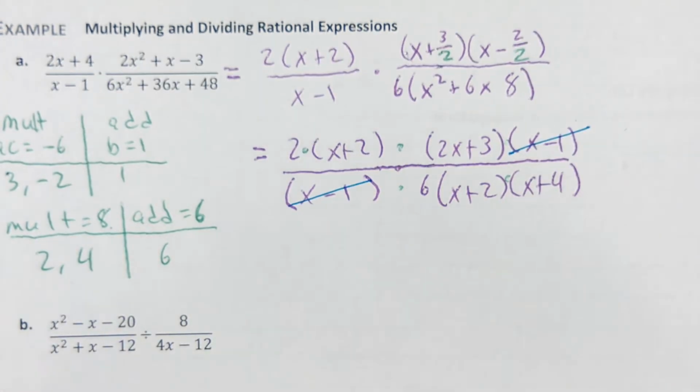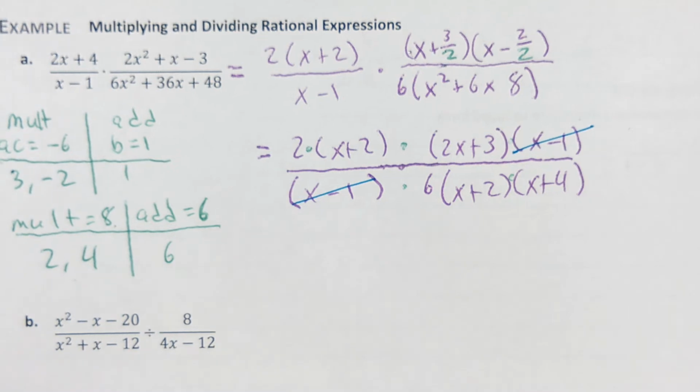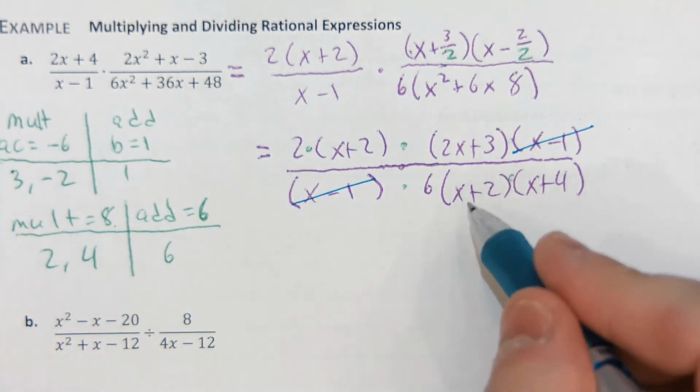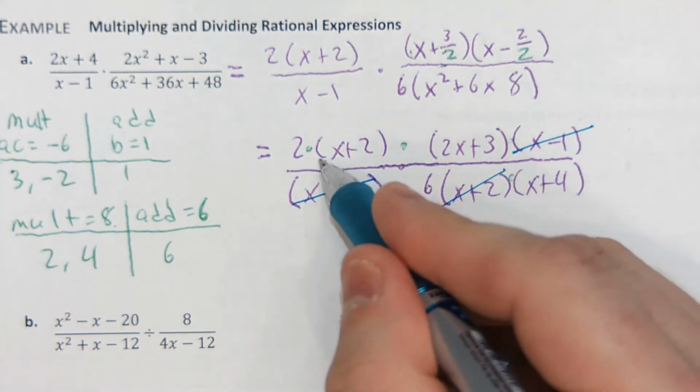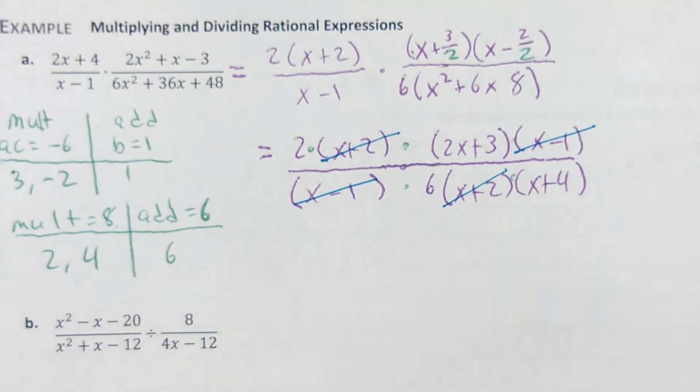I just canceled an x off the bottom. I'm going to have to write a number x can't be. I see an x plus 2 on the top and bottom. I just canceled another term off the bottom of this fraction, specifically an x. So now I know there's going to be two numbers that I have to say x can't be.